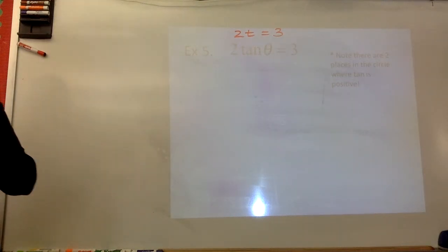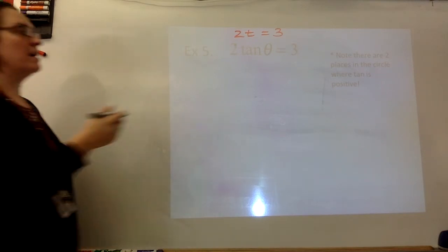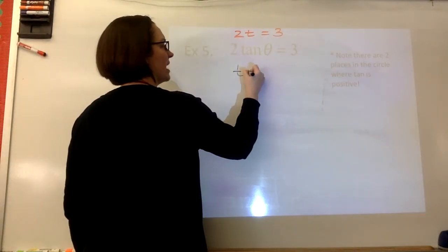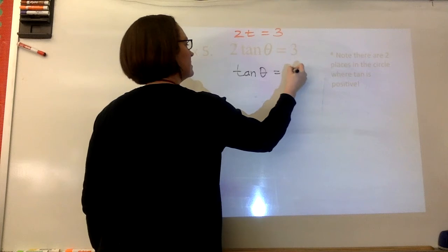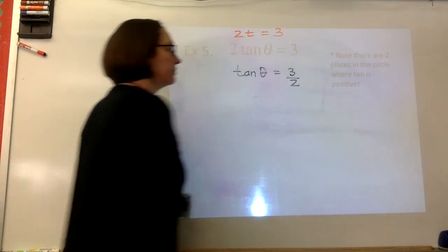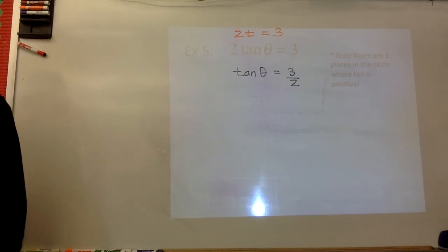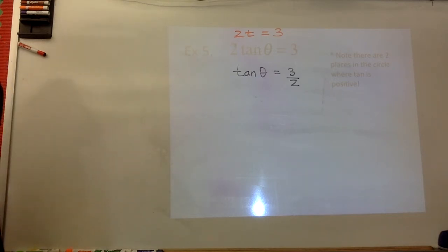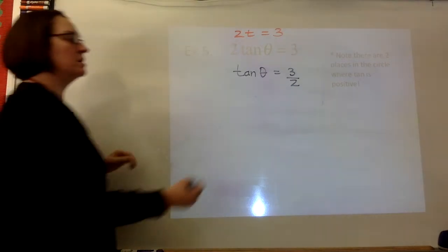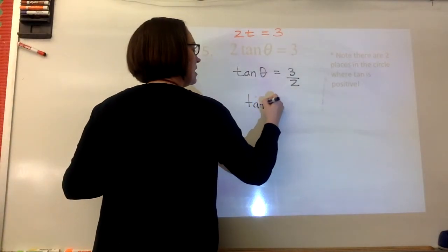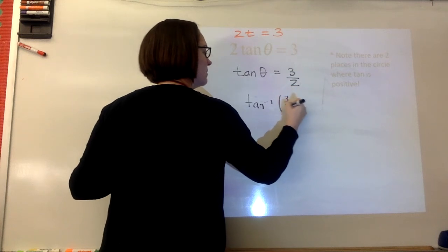Linear. How do you solve a linear equation? Divide by 2. Isolate. Correct. So I've got tangent of theta is equal to 3 over 2. Well, this looked like the warm-up problem to me. How do we solve for theta? Inverse. So I'm going to do tangent inverse of 3 divided by 2.